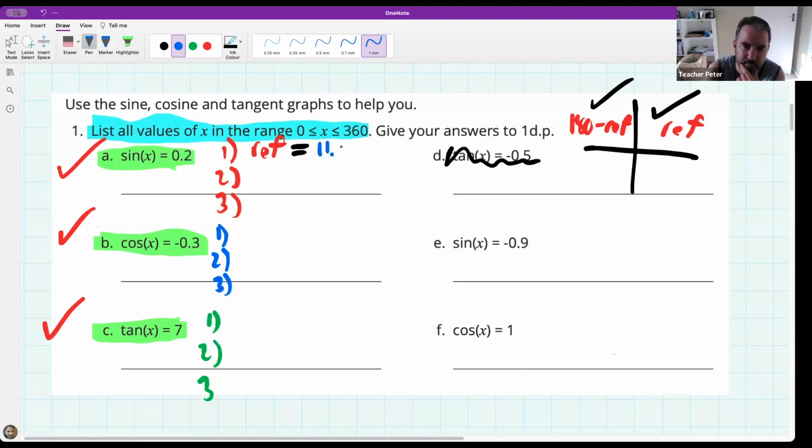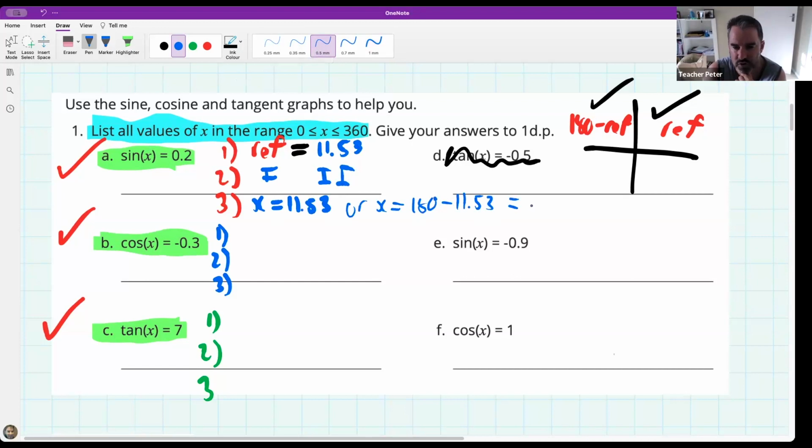Okay, 11.53. Now, our answers, like we were saying, are going to be in quadrant 1 and quadrant 2 because that's where sine is positive. So x will be equal to 11.53, or x is going to be 180 minus 11.53, which is going to be about 168.47, I think.